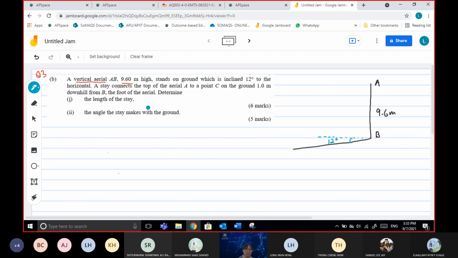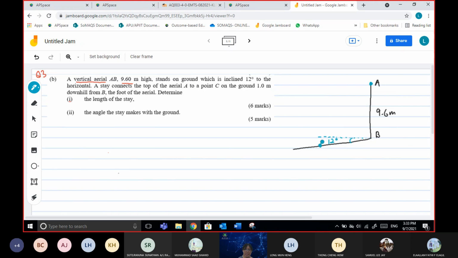A stay connects the top of the pole, A, which is here, to a point C on the ground, which is 1 meter downhill from B. So we have another point C on the ground.